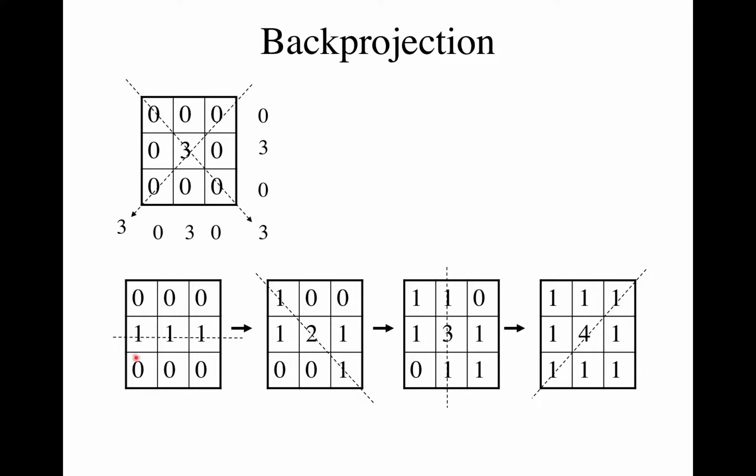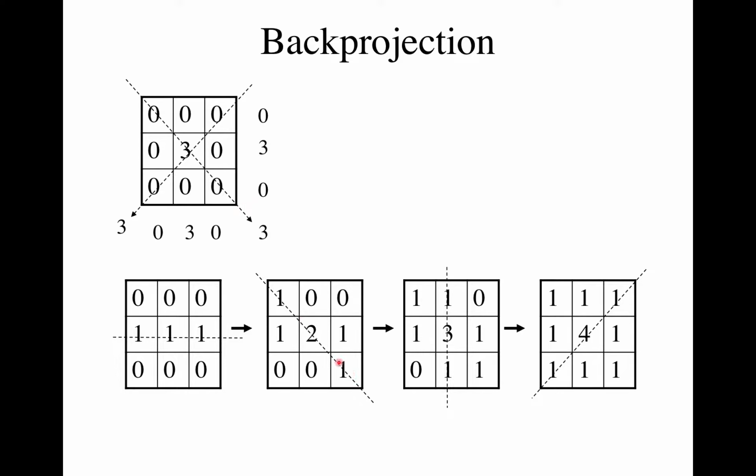And so my first iteration from my back projection of this data would be these would all be zeros. I'd split this 3 across this row, and so each one's 1. That way its sum comes to 3, and these are 0, right? And in the same way, I would back project my data diagonally, and so I would add a 1 to each diagonal element, and I'd add zeros to these diagonal elements, given the fact that my diagonal data was 0, 3, 0, right?